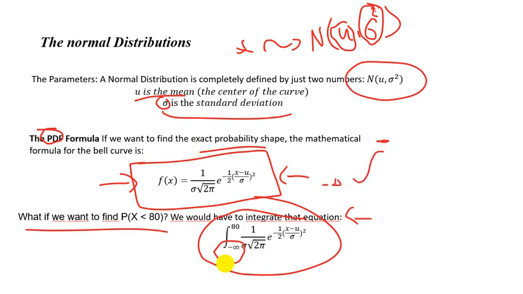So from minus infinity until 80, we integrate our formula and we get the probability that our random variable X has a value less than 80. That's too difficult.